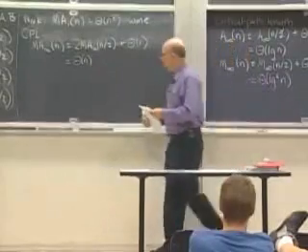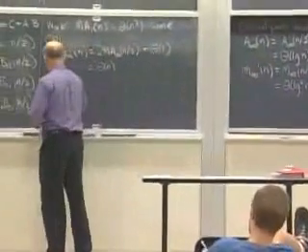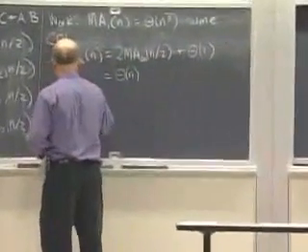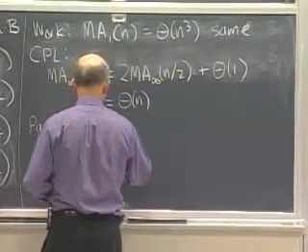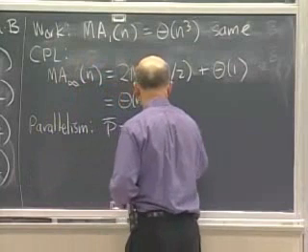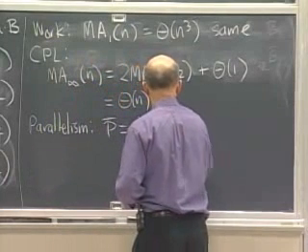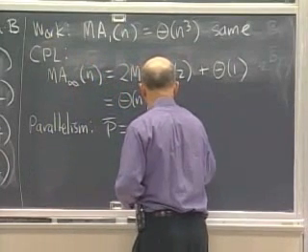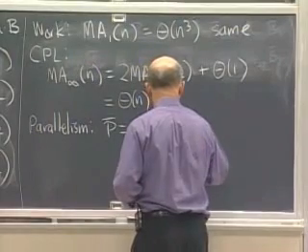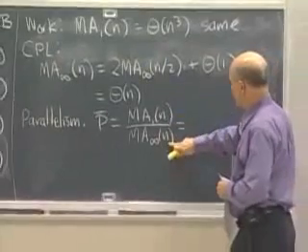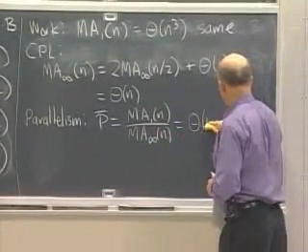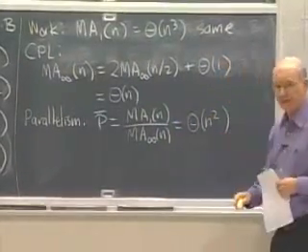Okay? So the parallelism, we have p bar is equal to M1 of n over M infinity of n, which is equal to, in this case, n cubed over n, or order n squared.